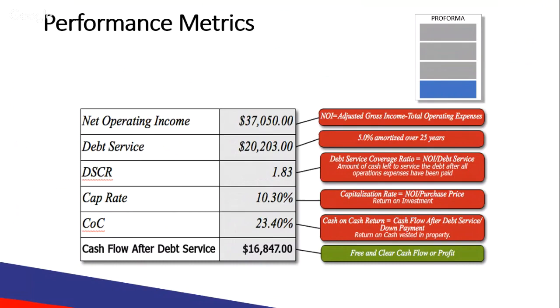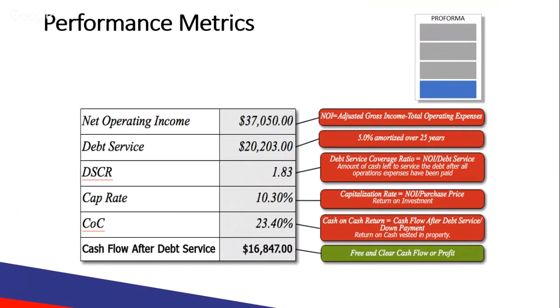And quite honestly, what this is communicating to you is how much money is left to service your mortgage payment after all operations have been paid. So in this case, for every dollar of debt service, there's $1.83 coming in to service your debt. So in other words, there's 83% more.